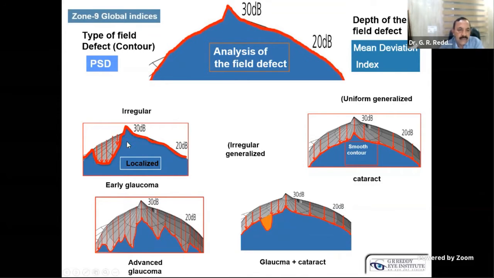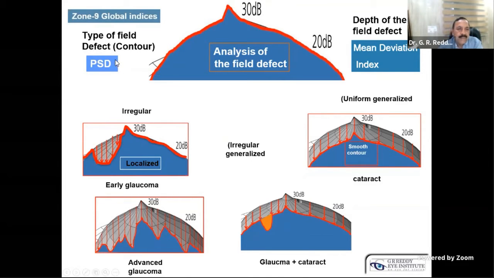A change in contour can be a localized change in contour, that is also irregular, or generalized but irregular. A cataract patient, a localized scotoma in a generalized depression, or a uniform generalized depression: all will have irregular contour.